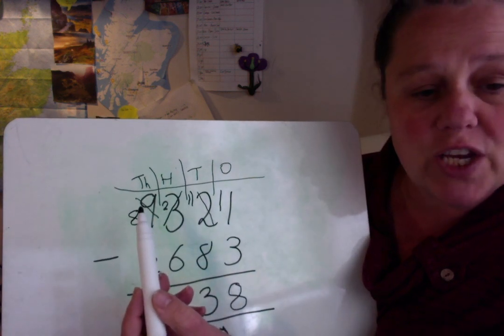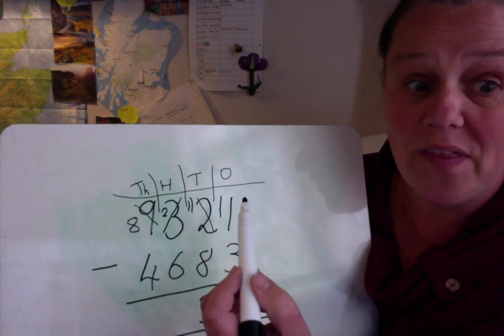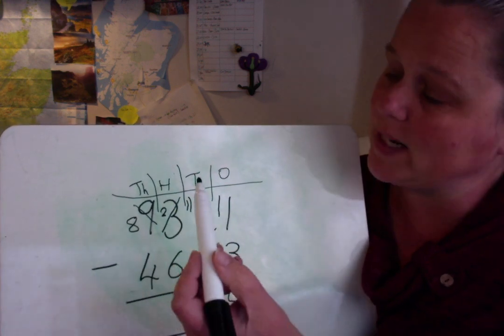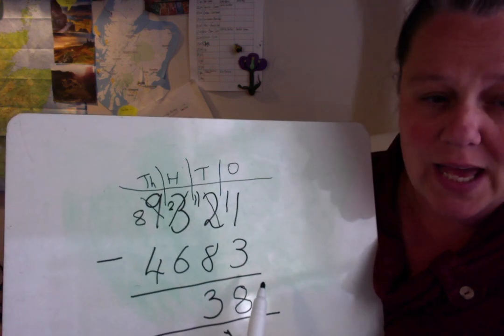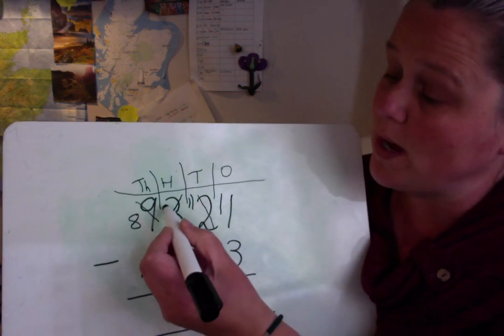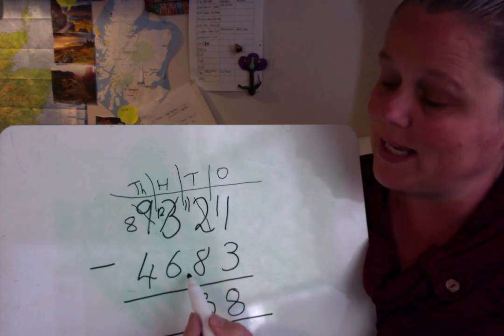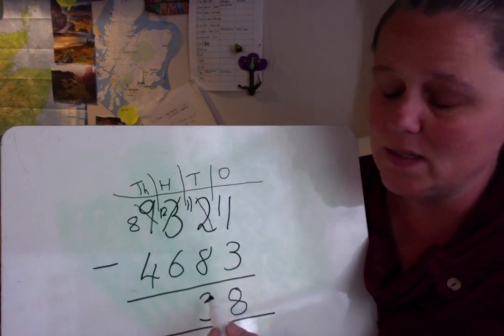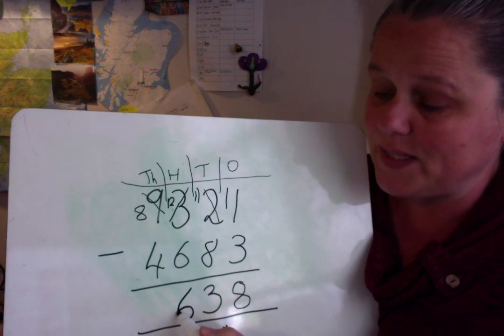And if I've exchanged 1,000, I know that 10 hundreds make 1,000, so I've got 10 hundreds to add to my hundreds column. I've already got 200 in there, so now I've got 12 hundreds in total. Now I can do 12 subtract 6. That's a nice and easy one, isn't it? Because I know 2 sixes make 12, so 12 take away 6 must make 6.